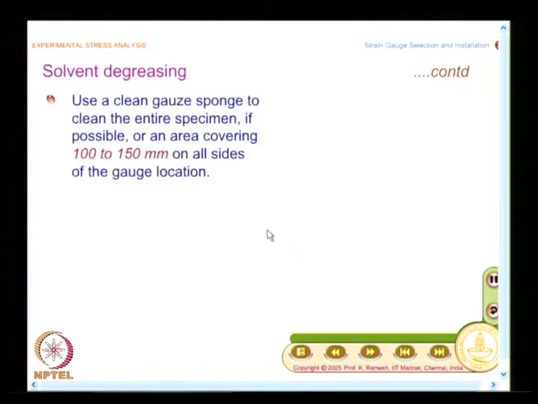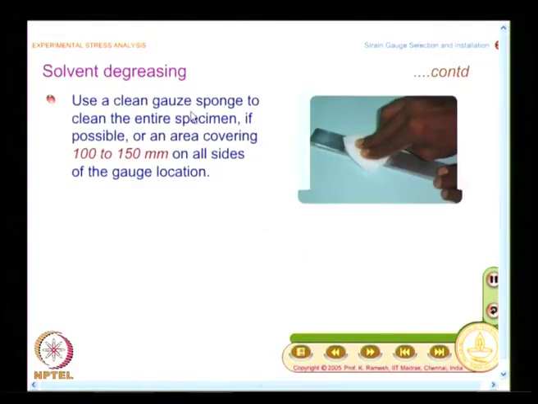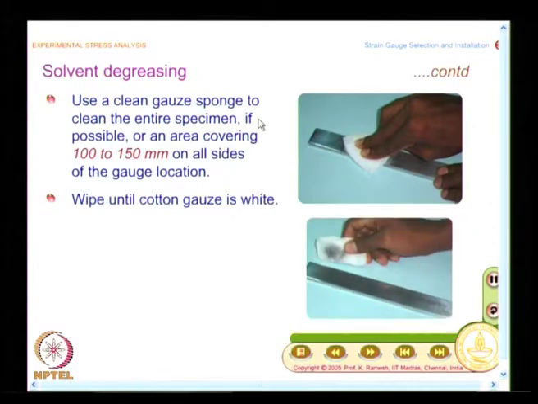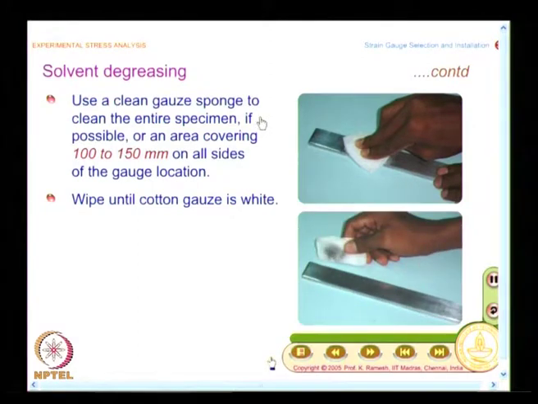And I said that you should use a sufficient amount of consumables. You should not be stingy in that, because your focus is to save the strain gauge, which is expensive. I clean it with a gauze sponge, and you will be surprised to see the surface was looking all right, but when I see the gauze sponge, it is black.